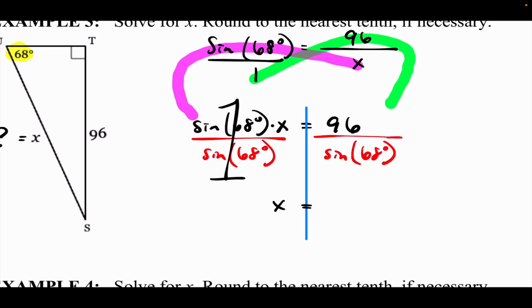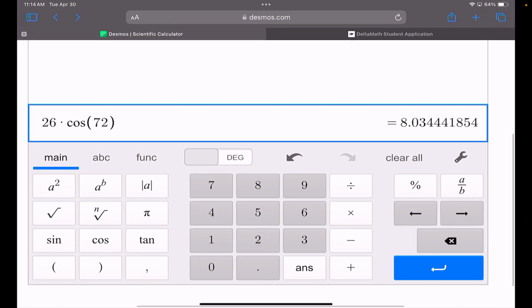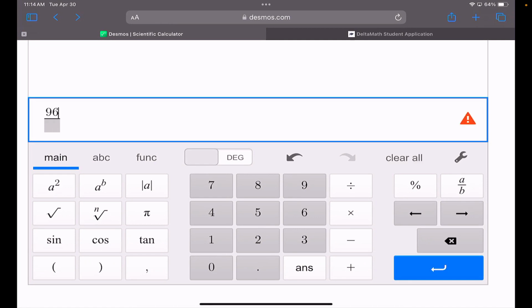Now you go to your calculator. Okay? So watch me do it, and then the next one you could do it on your own. So watch me use the calculator because there's a couple things that you want to make sure of when you're using the calculator. Okay, first thing, we want division. So 96. Sine is right here on the front. It's always on a calculator, so sine is always there.